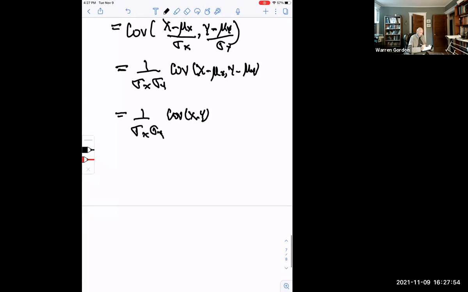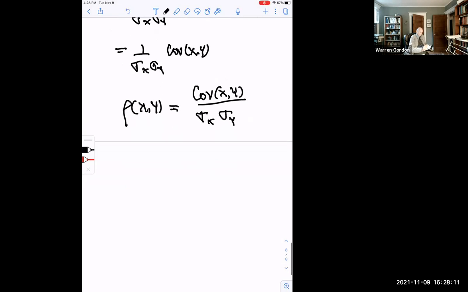And lo and behold, we end up with rho of xy is equal to the covariance of xy over sigma sub x, sigma sub y.